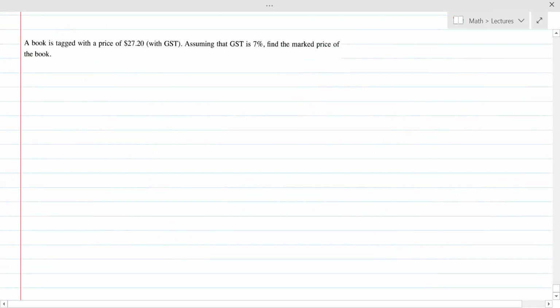Another question about tax. Here it says a book is tagged with the price 27.20 with GST. So with GST means the tax is included in this price. So that means this price is price with tax or price including tax, that is 27.20.